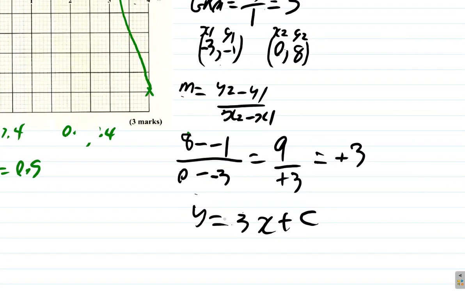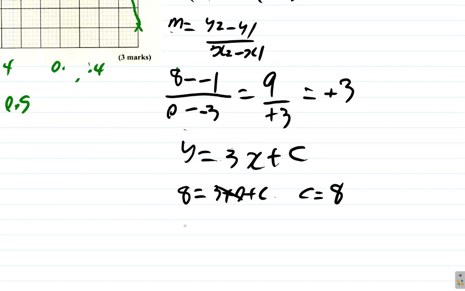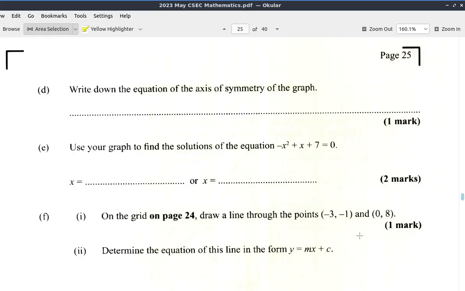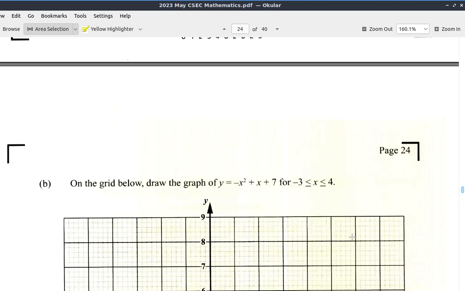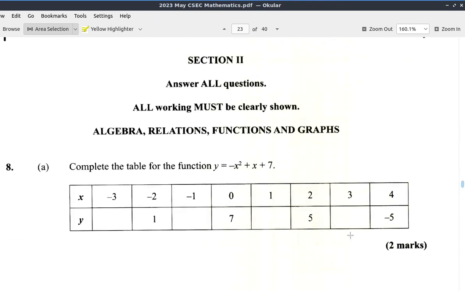So 8 equals 3 times 0 plus c. So this is 0, and 8 is equal to c. C is equal to 8. So the full equation is y is equal to 3x plus 8. That's the equation of the line using both methods. That is it for question 8.